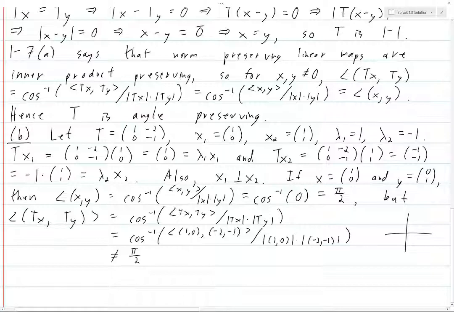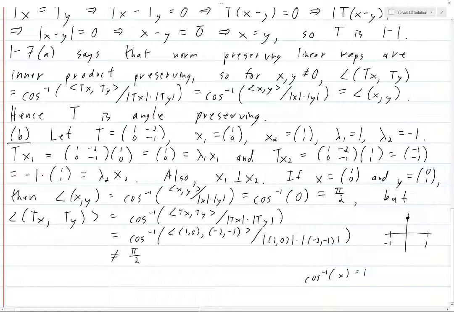So if we're looking at numbers that we can take the arc cosine of, if we take the arc cosine of 0, we get pi over 2. If we take the arc cosine of 1, we want something that... cosine inverse of x equals 1.